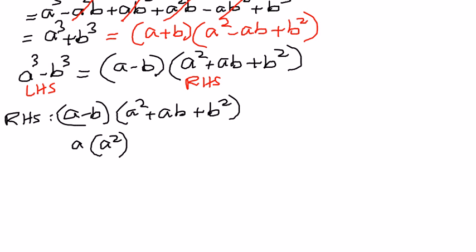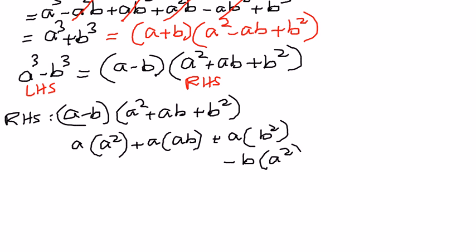A times every one of the terms in the second set of parentheses: a times a squared plus a times ab plus a times b squared. We have exhausted the first term, and then the second term we have is minus b times a squared, minus b times ab, and then minus b times b squared.